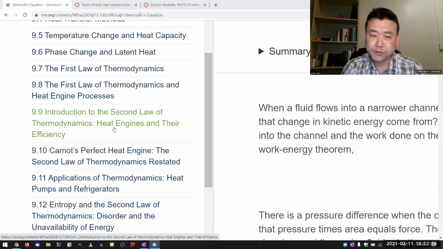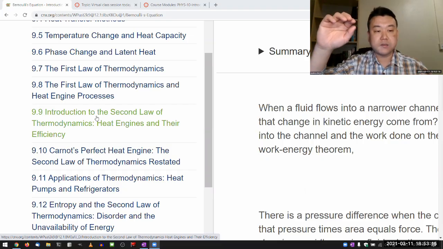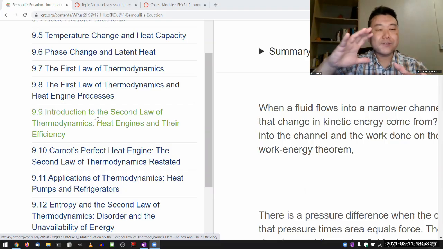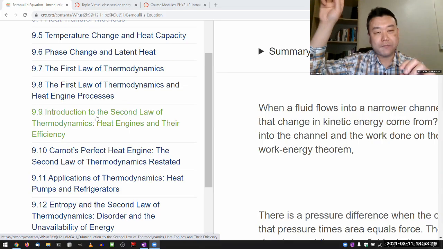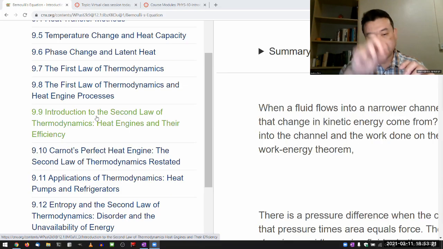A lot of renewables don't use heat engines, but we are still using a lot of fossil fuel, even nuclear reactors. At some point in their power generation, they use a heat engine. What heat engines do is that they use the flow of heat from hot to cold in a contraption to divert some of the flow of energy into mechanical work.